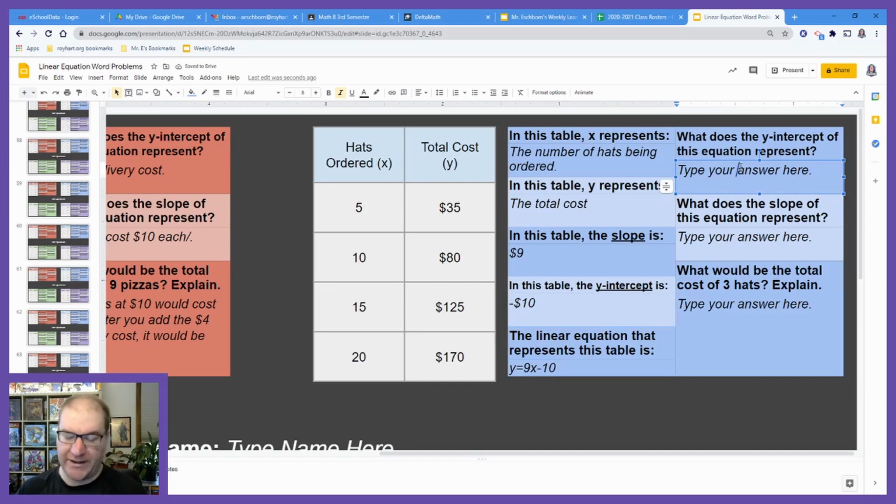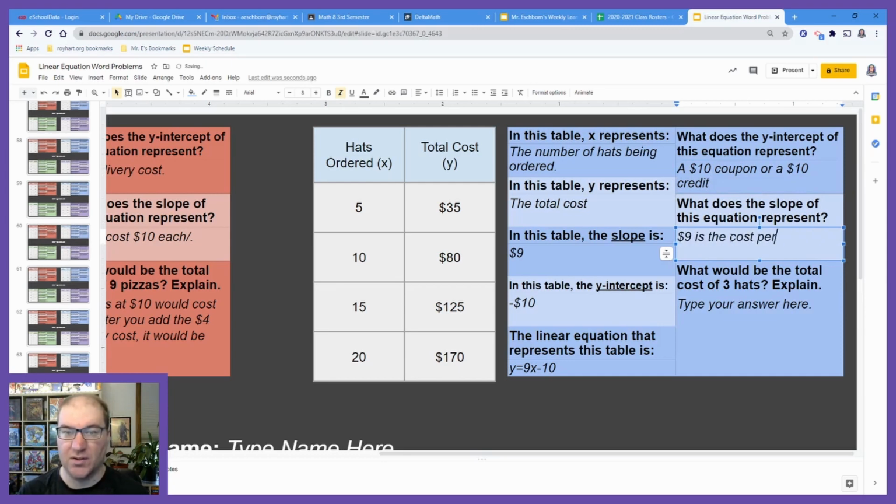What would a negative 10 always be? Take it away from the total. What would that mean? A $10 coupon or a $10 credit? For some reason, they're taking $10 off of our bill, regardless of how many hats we order. And what does the slope represent? Well, the slope is $9.